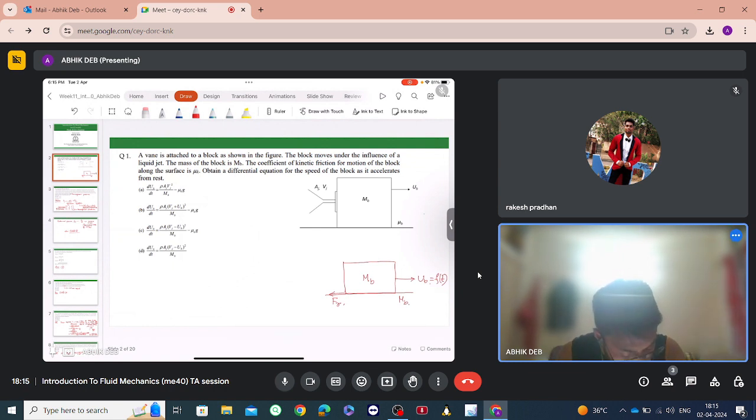There is a vane like this from which a liquid jet is passed at a velocity vj and an area aj.